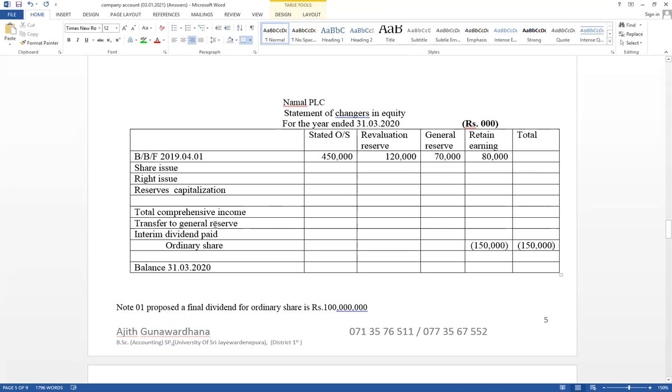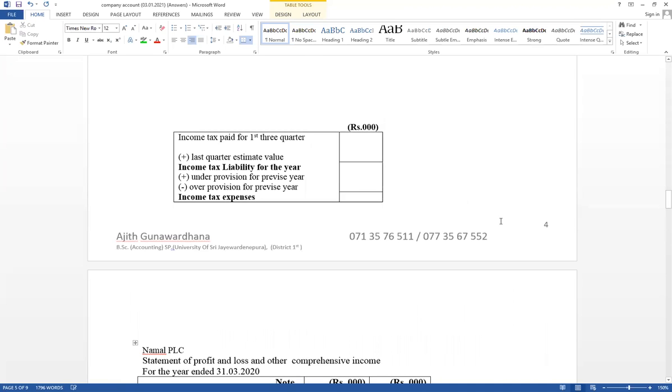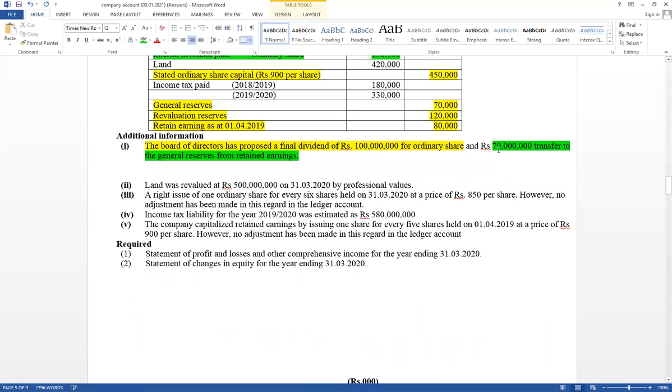As well as the given transfer to the general reserves. The value is given in additional information, first one, 70,000 transfer to the general reserves, rupees 70,000. It should be deducted from retained earning and added to the general reserves. Transferred 70,000 from retained earning to the general reserves.